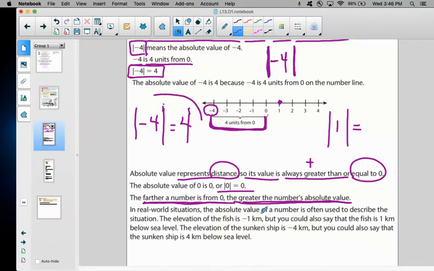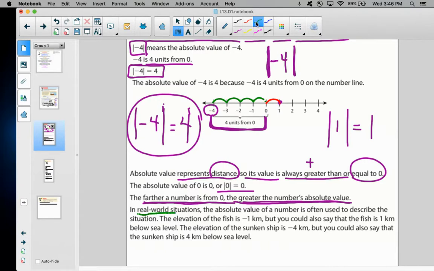So negative 4 has a greater absolute value than positive 1, because 1 is only 1 unit away from 0 compared to negative 4, which is 4 units away from 0. So it is possible for a negative number to have a greater absolute value than a positive number. It depends on how far away the number is from 0.